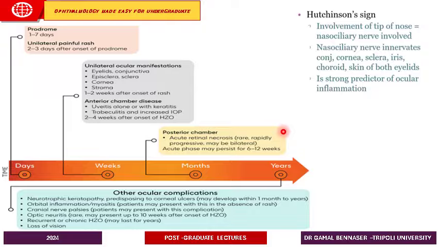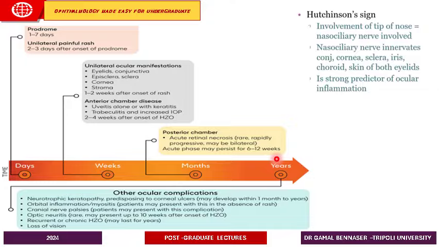However, if it occurs, it can take different forms, such as acute retinal necrosis, optic neuritis or optic neuropathies, vitritis, and nerve palsies, different nerve palsies. And at the end, as I said, many complications can happen due to herpes zoster ophthalmicus, including CNS involvement, and the eye can be affected as a sequela of the central nervous system involvement, and also neurotrophic keratitis and lipid dystrophy of the cornea.